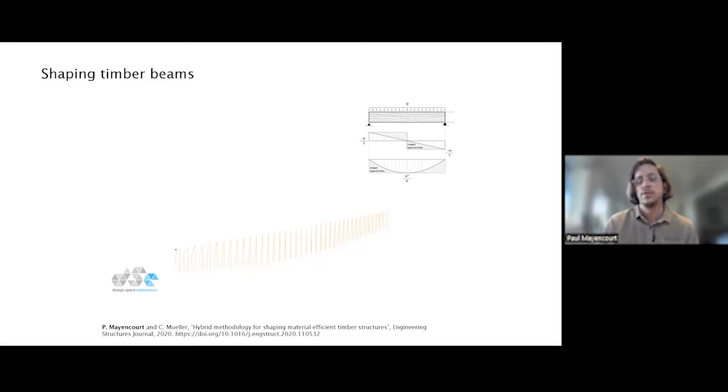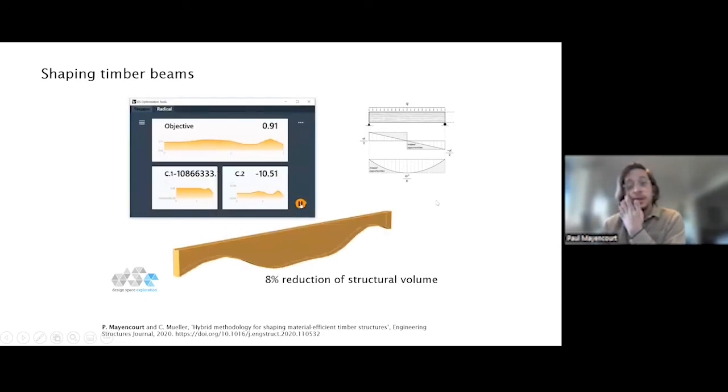So it's really quick to perform, and it allows me to run a lot of optimization loops very quickly instead of using finite element methods or other types of design methods. And this is a simple example to show how this would work. And in that case, the reduction of material volume is 8%.